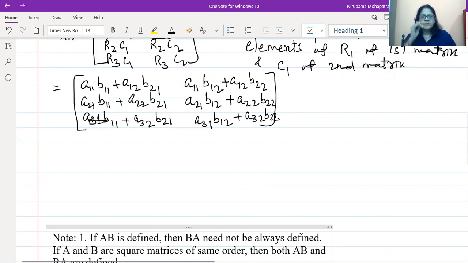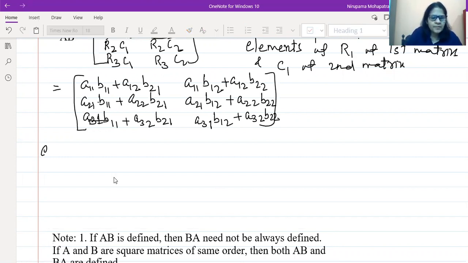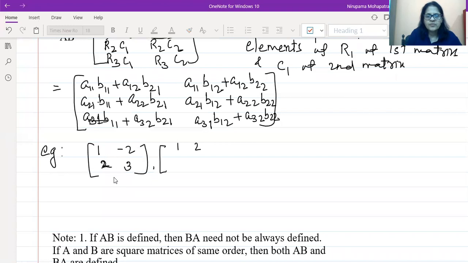Okay, so if you want me to take a simple example, maybe I can take it here. Suppose we have a small example, 1 minus 2, 2, 3. I'm taking this example from the NCERT textbook. Compute the product. Here 1, 2, 3, 2, 3, 1.